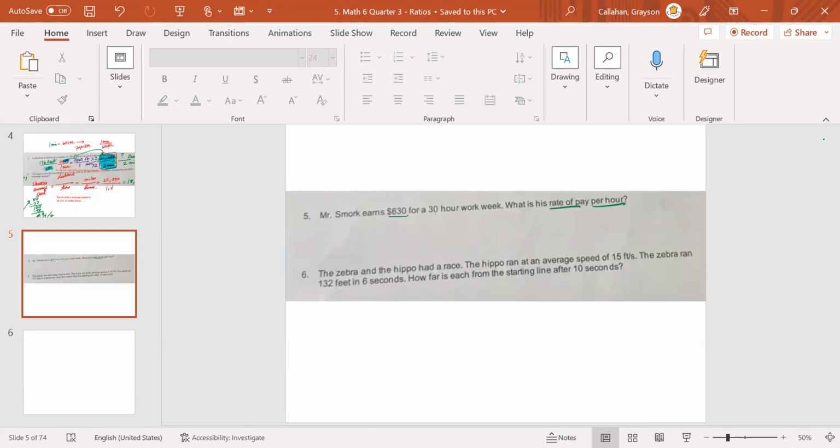Rate of pay per hour means how much money does he get in 1 hour? Okay, so you're going to start with rate of pay is equal to total earned for 1 week divided by total hours worked.